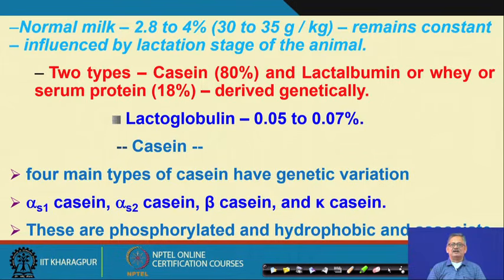For example, lactoglobulin, which may be around 0.05 to 0.07% present there, right.